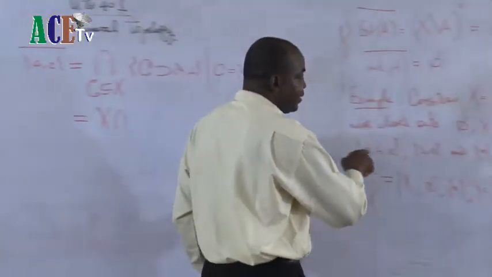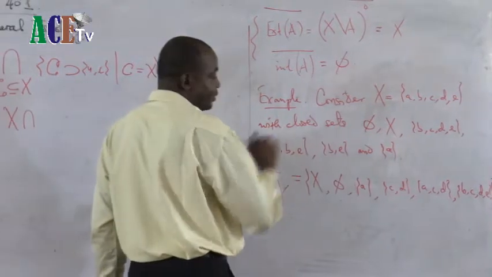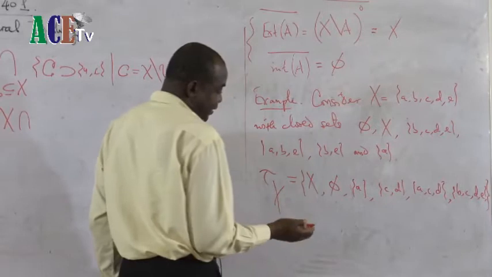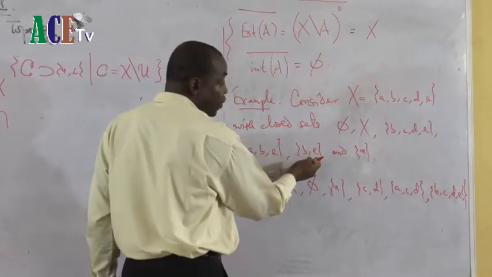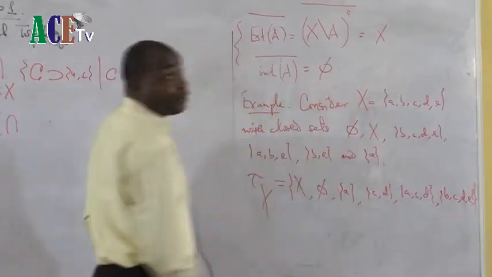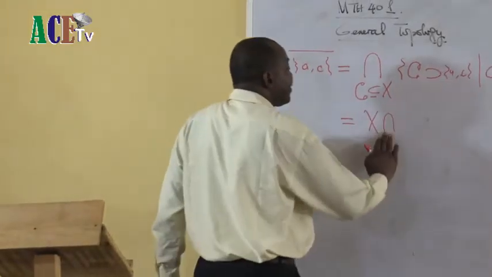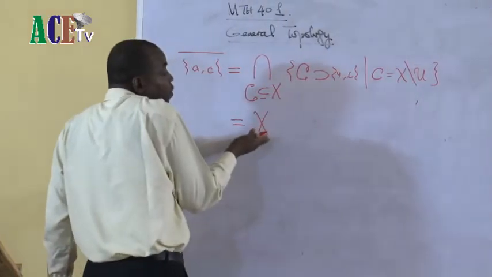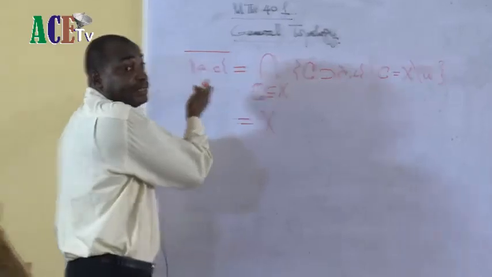Which of these other sets contains {A, C}? This does not contain {A, C}. This does not contain {A, C}. {A} does not contain {A, C}. Neither does the empty set contain {A, C}. So, of course, X is undisputably the closure of {A, C}.